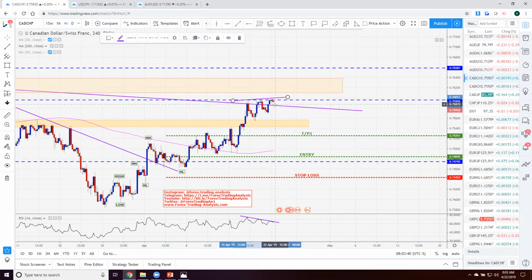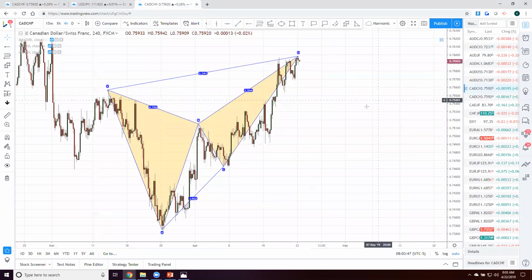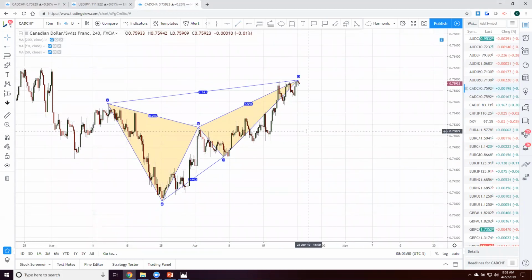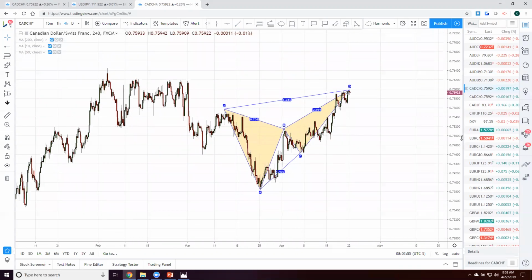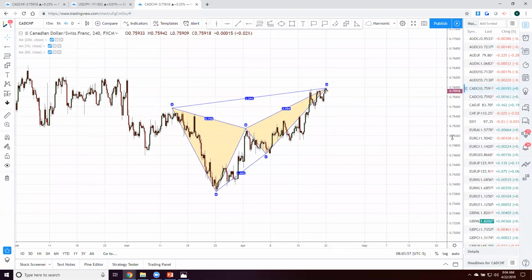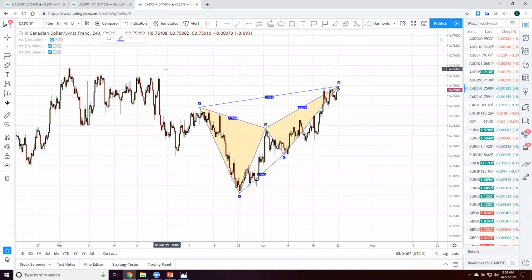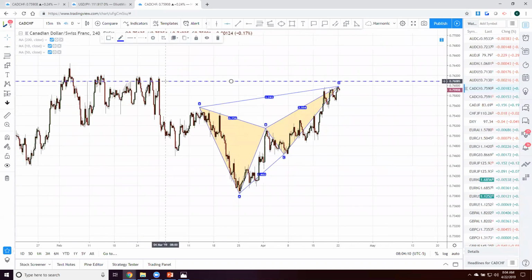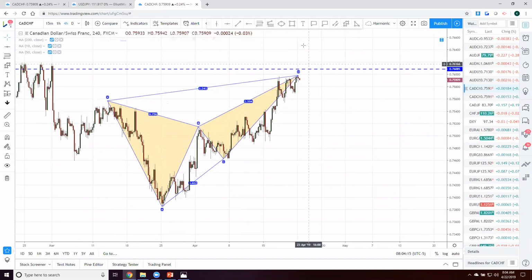So we could be looking at some bearish pressure here to continue moving lower. And saw this morning. So as you can see, let's identify another pattern here, a bearish pattern. Combined with that bearish RSI, and then the resistance area, we could be looking at a move lower from here.